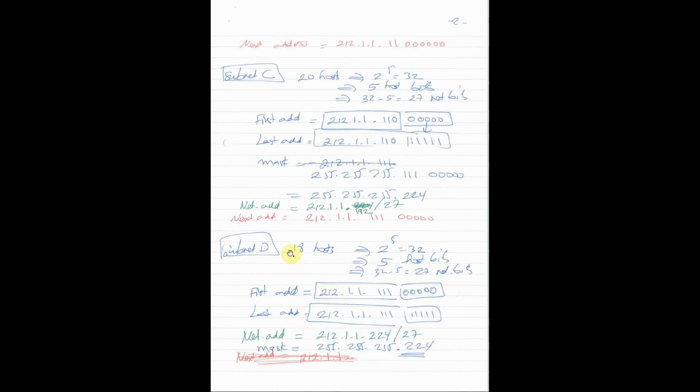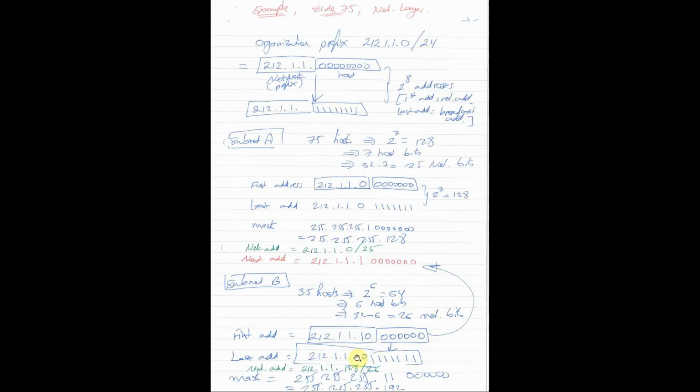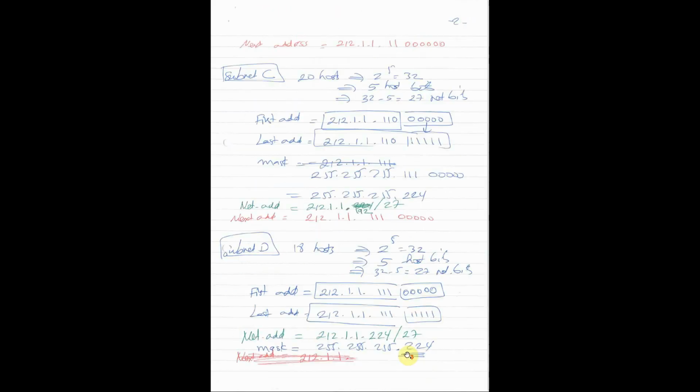As you notice, the subnet mask for subnet D is the same as the subnet mask for subnet C, simply because we have the same number of host and network bits in both cases. If we had another subnet E, then of course we would have to work out the next address. So if this is the last address in the block for subnet D, the next one would require us to flip it, which is not possible in this case, because do you notice this address here?